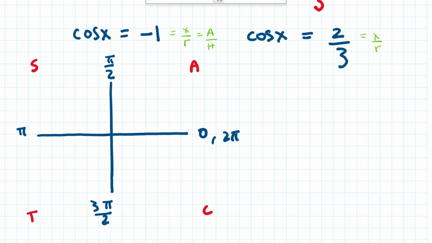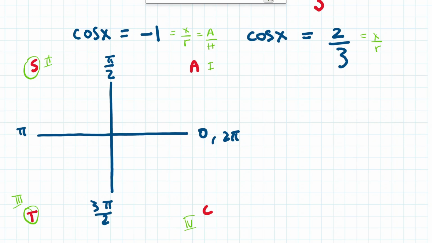So here we have that cos is equal to negative 1. That means it can only be negative in the second and third quadrant, where this is quadrant 1, quadrant 2, quadrant 3, and quadrant 4. So cos is negative in 2 or in 3, because only sine and tan are positive in those two respective quadrants. Okay, so here we see that we have x over r.